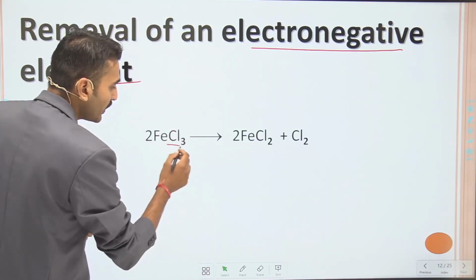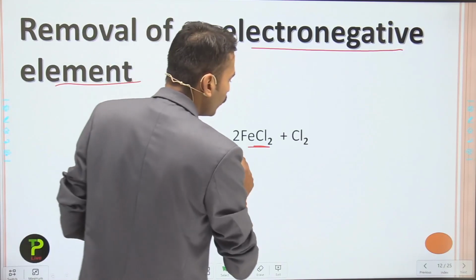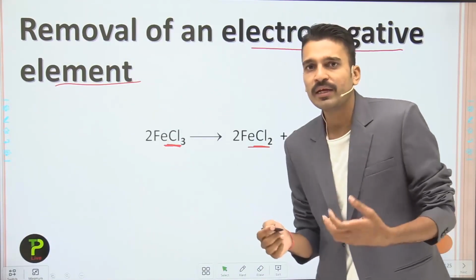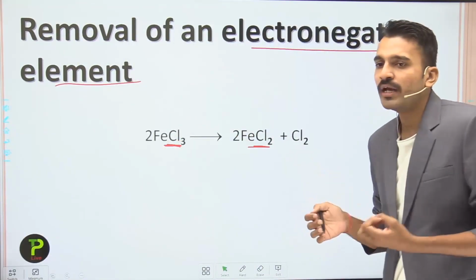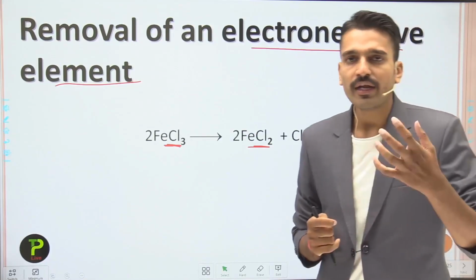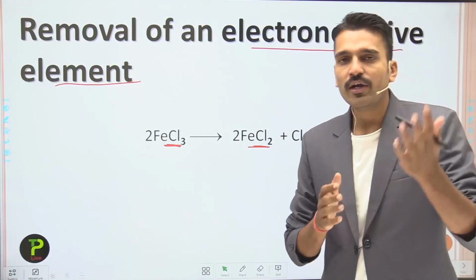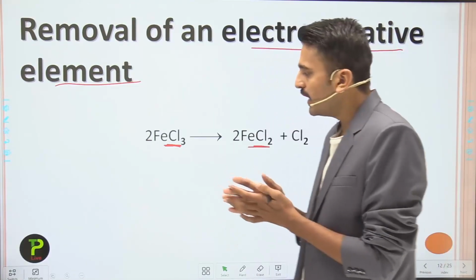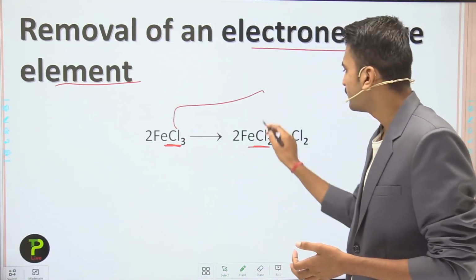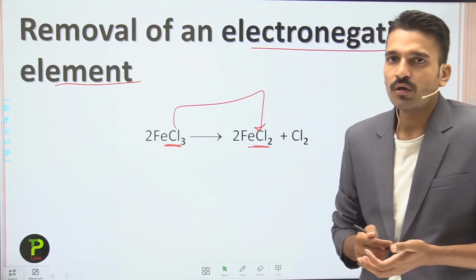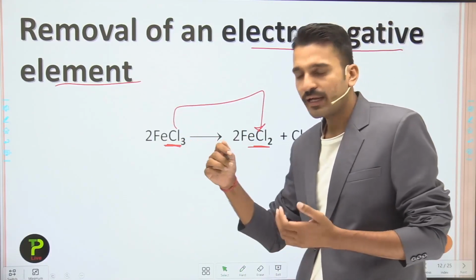There are 3 chlorine atoms here, and only 2 chlorine atoms here. So there is the removal of 1 chlorine atom, and chlorine is electronegative in nature. So it comes under the category of removal of electronegative element.